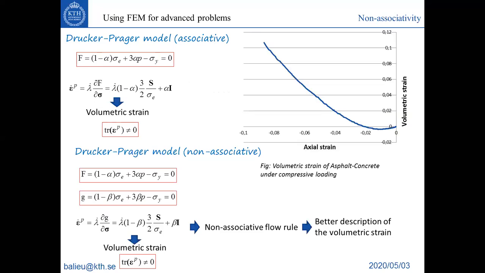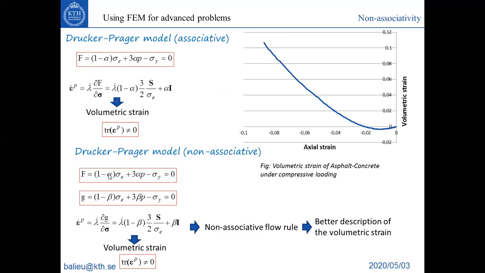Let me show you this example. Again, this is the volumetric strain of asphalt concrete. Let's say you perform one test in tension and one test in compression. So you get sigma, like the yield stress in tension and the yield stress in compression.